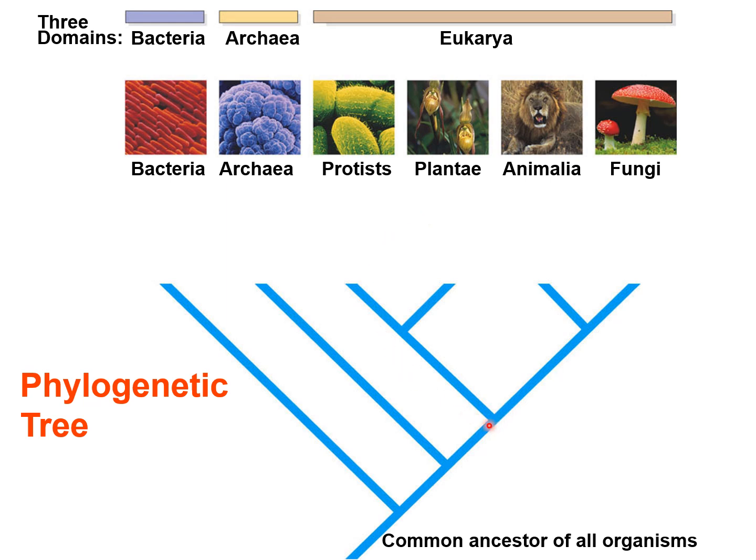And then with our kingdoms here in domain Eukarya, you can see that the protists and the plants actually evolved first, and then the animals and the fungi evolved from a common ancestor over here. And what's interesting to think about is that animals, their closest relative would be the fungi.